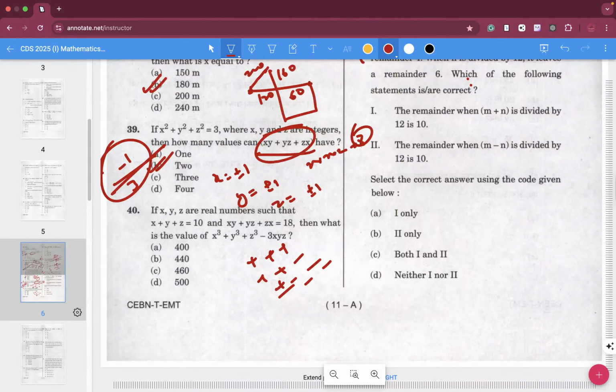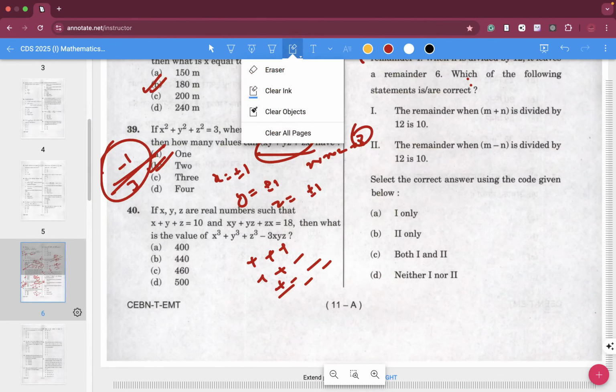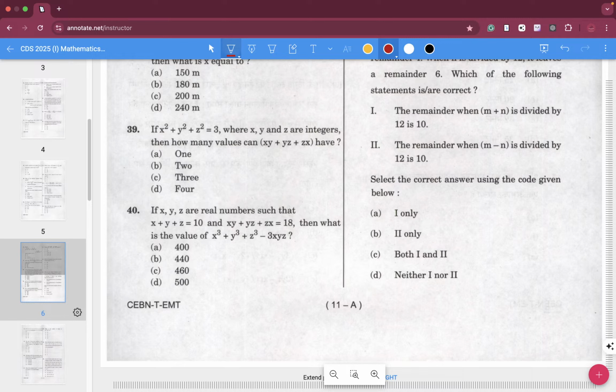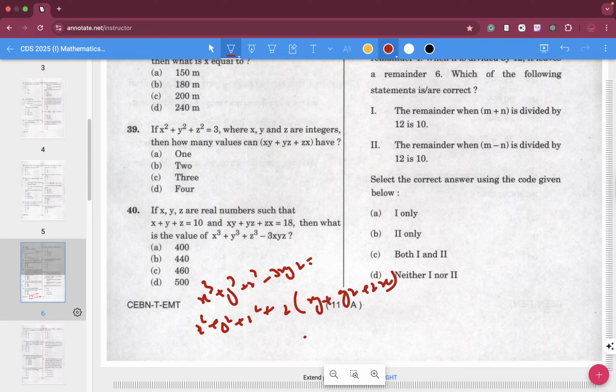For question number 40, it was extremely easy. You are just supposed to put in the formula over here. The formula for x cube plus y cube plus z cube minus 3xyz is equal to x plus y plus z times x square plus y square plus z square minus xy minus yz minus zx.